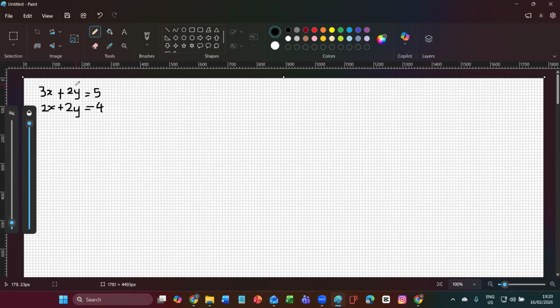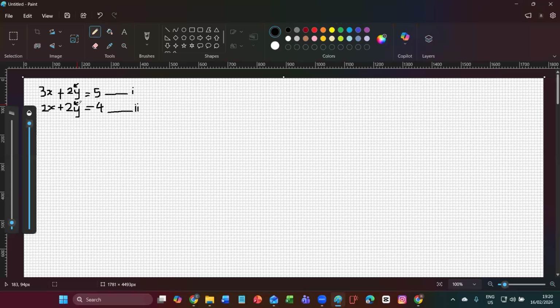Can you see that 2 is the coefficient of y in the first equation? Okay, and if you look at the second equation, you would also see that 2 is the coefficient of y in the second equation.